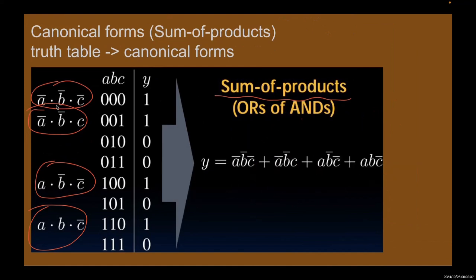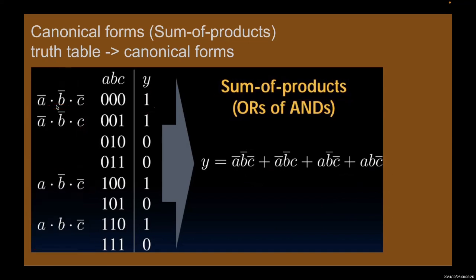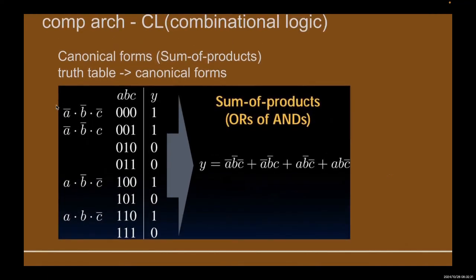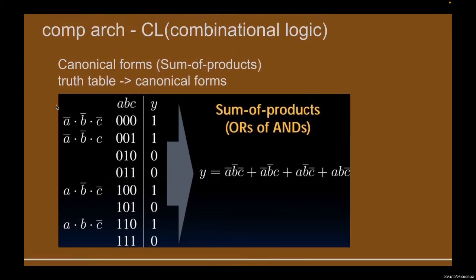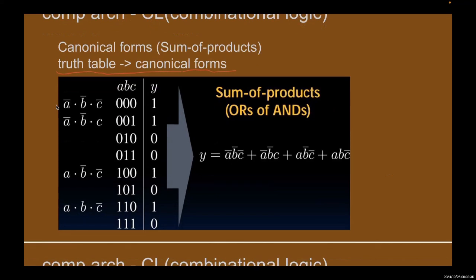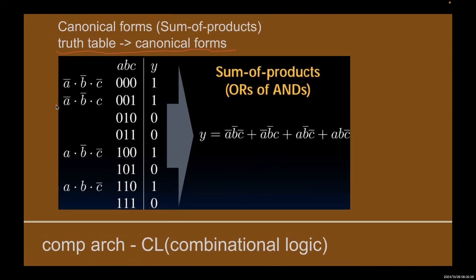That's very clear, I think, because as long as one of them is 1, the output is 1, and for this to be 1, you need ABC to be 0, 0, 0, and it just corresponds to the truth table. Is that clear? Yeah. Okay. So this is how to turn a truth table into canonical form.